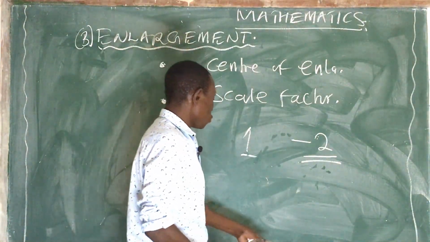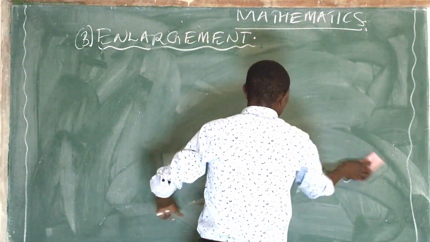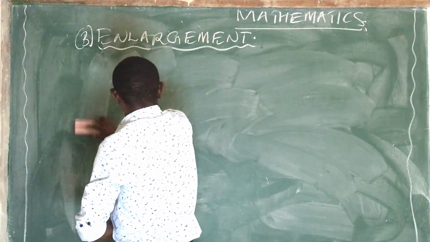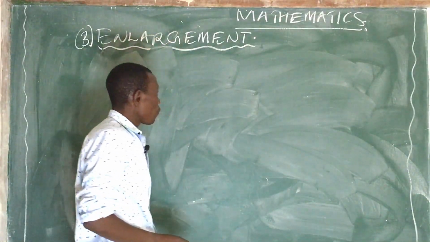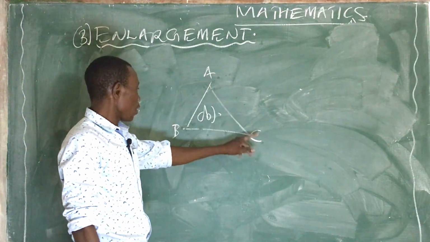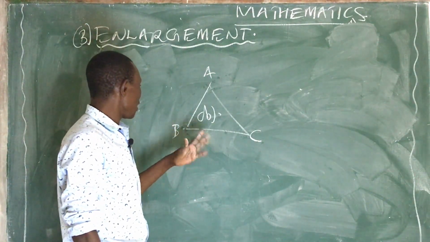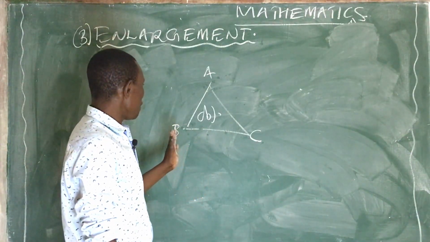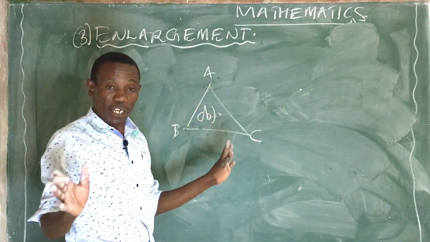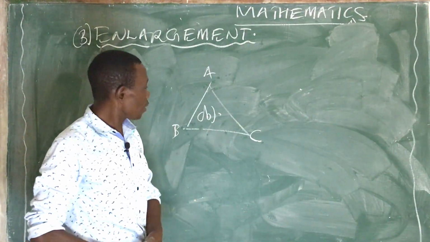Just to give you a recap in brief so that we know what it is about, and then be well connected with what we're going to do here today. For example, if we have triangle ABC and you decide to enlarge ABC, we expect a greater image if the scale factor is greater than 1.